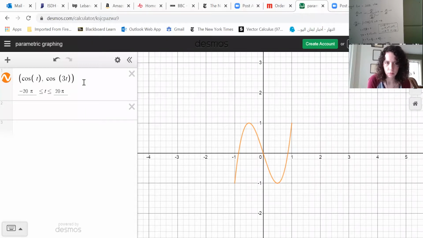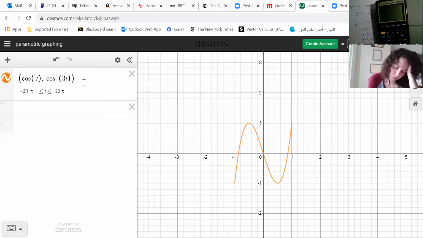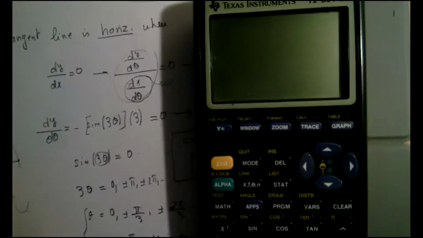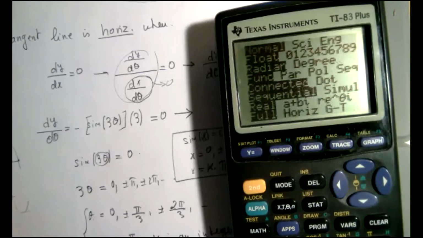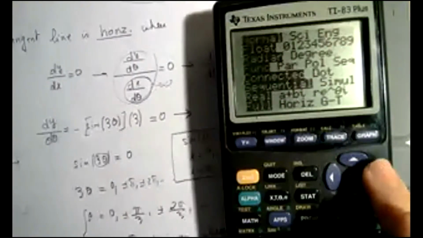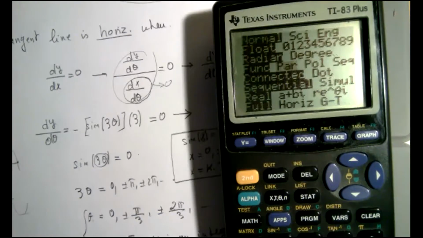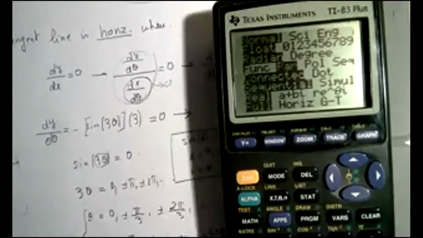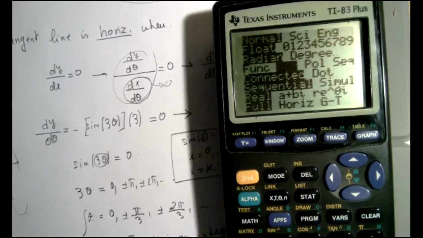I will try the calculator and see if this one would work. So I will stop sharing the screen. It just worked a minute ago. So I will try my calculator, because you should know that all this could be done using a calculator. So how can the calculator graph it? If you have one, you can try it with me. You go to mode, and you go down to parametric, and you enter it.